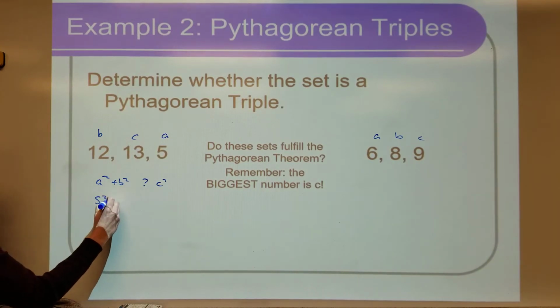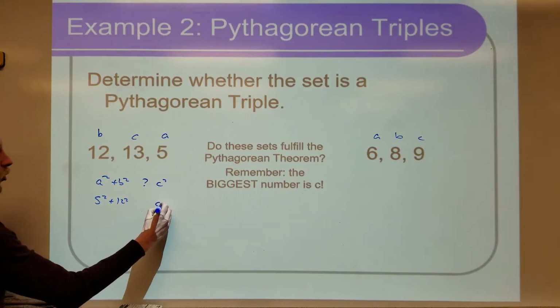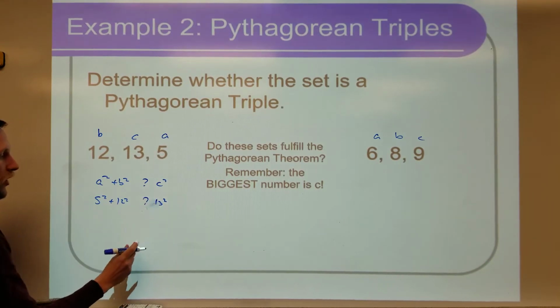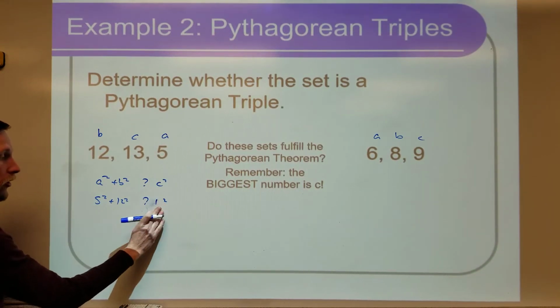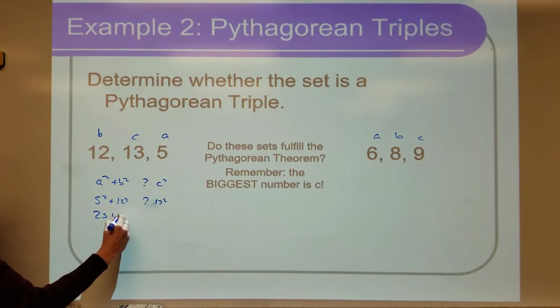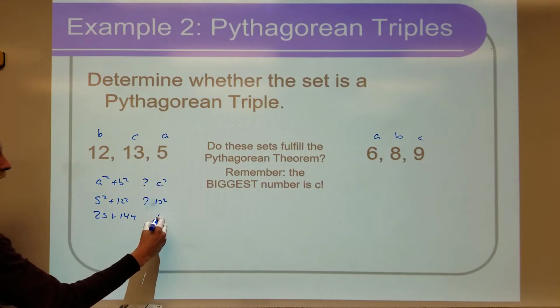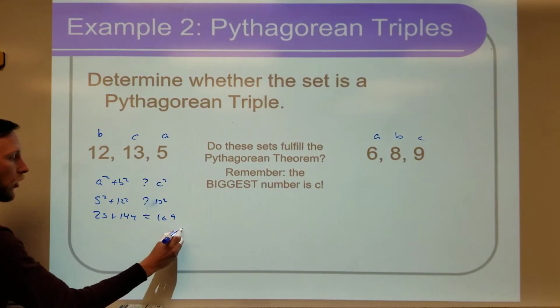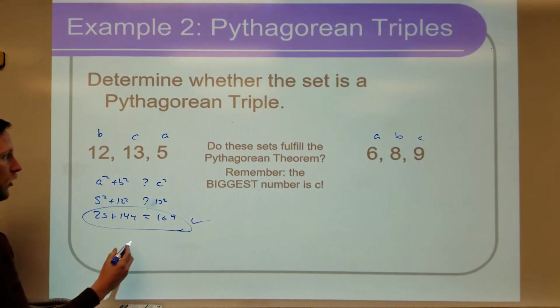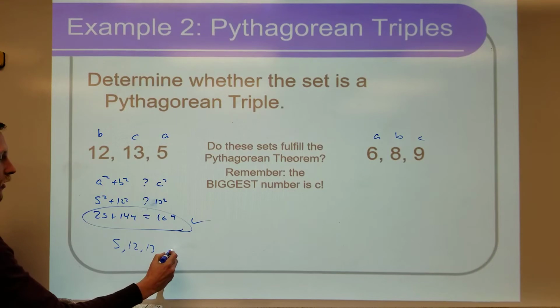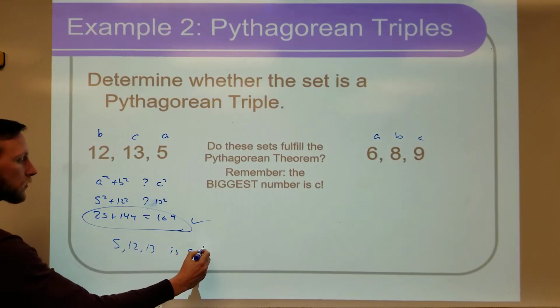So if I take 5 squared and I add 12 squared, what is my relationship to 13 squared? Are they equal to each other? Is one bigger? Is one smaller? So we want to find out what happens when I take 25 and 144. How does that relate to 169? Well, it turns out that those are indeed equal. So yes, 5, 12, and 13 is a Pythagorean triple.